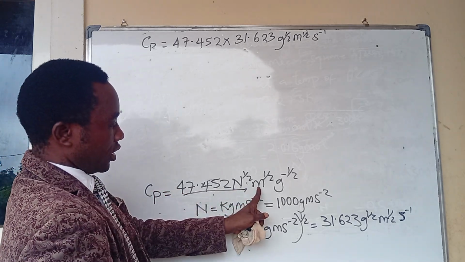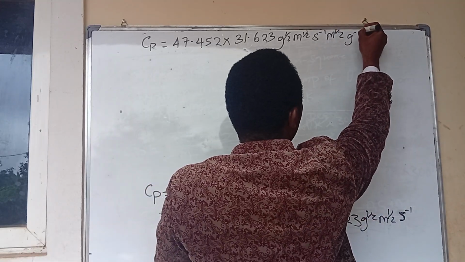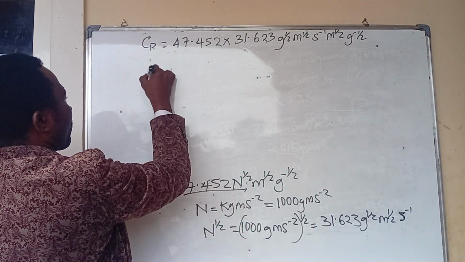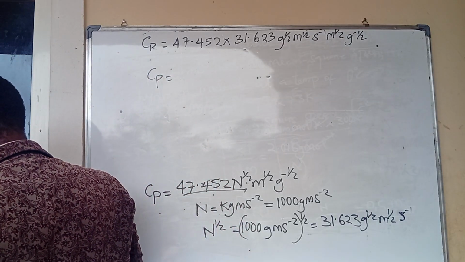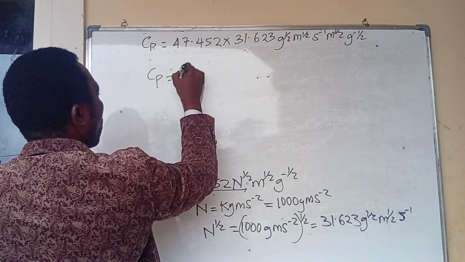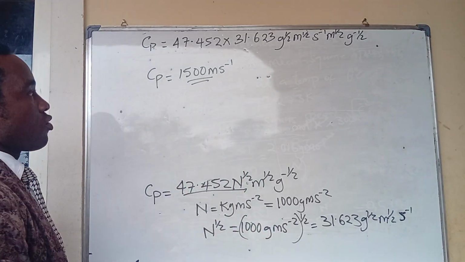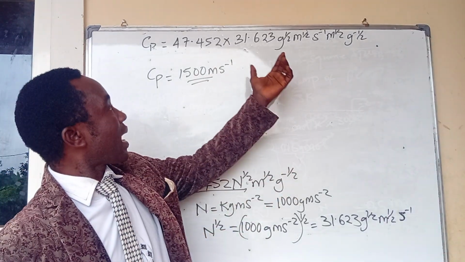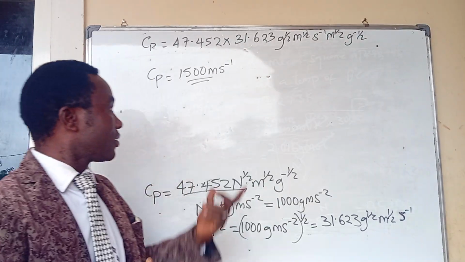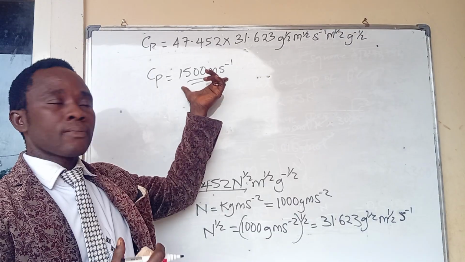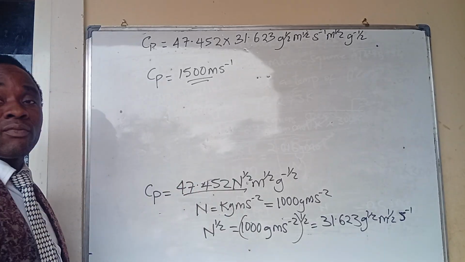Then we'll continue from m^1/2 g^-1/2. So if you simplify this, your CP will automatically be in meters per second. So from this I have 1500 meters per second. That is to say, when you are using the formula, you have to multiply by 31.623 in order to convert the total unit of speed to be in meters per second. That is to say, we have gotten our answer for CP.